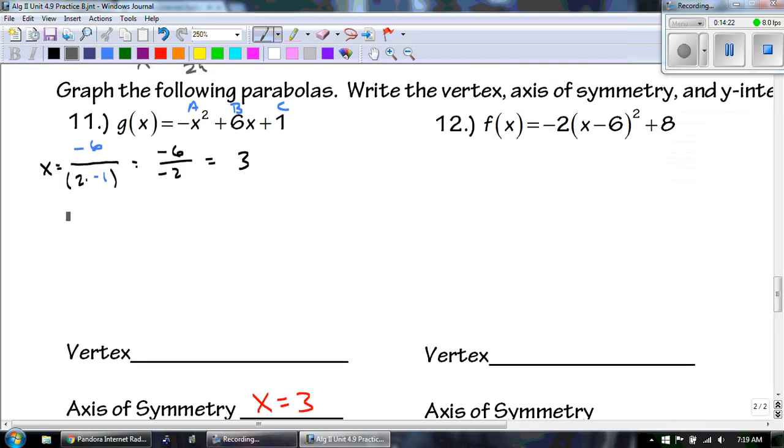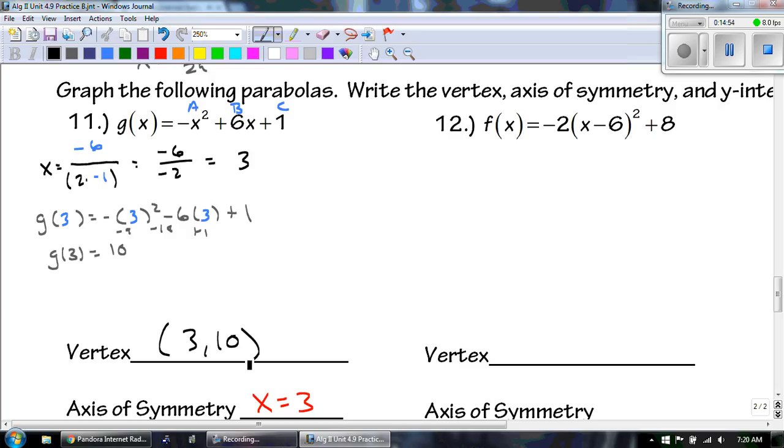Now to find my y value, I need to plug in 3 into the equation. You can either do that with your calculator or in your head. 3 squared is 9, so it's negative 9 plus 18 plus 1, which is actually 10. So my vertex is 3, 10.